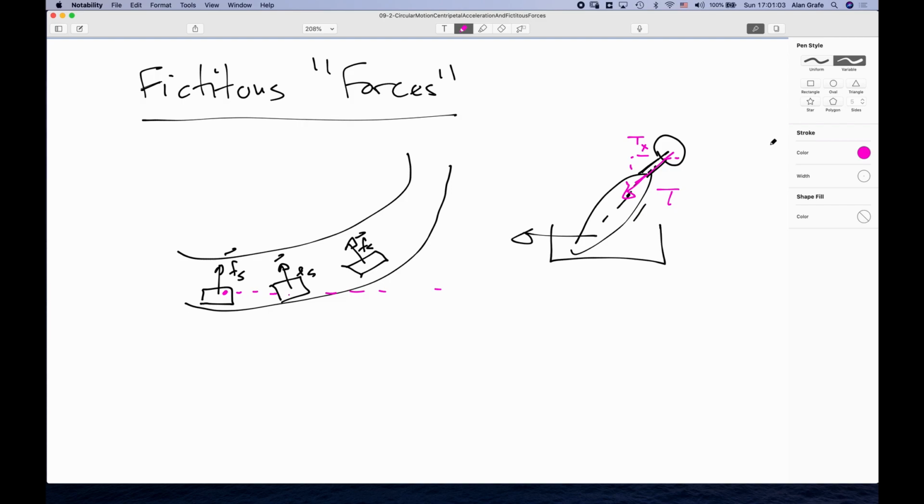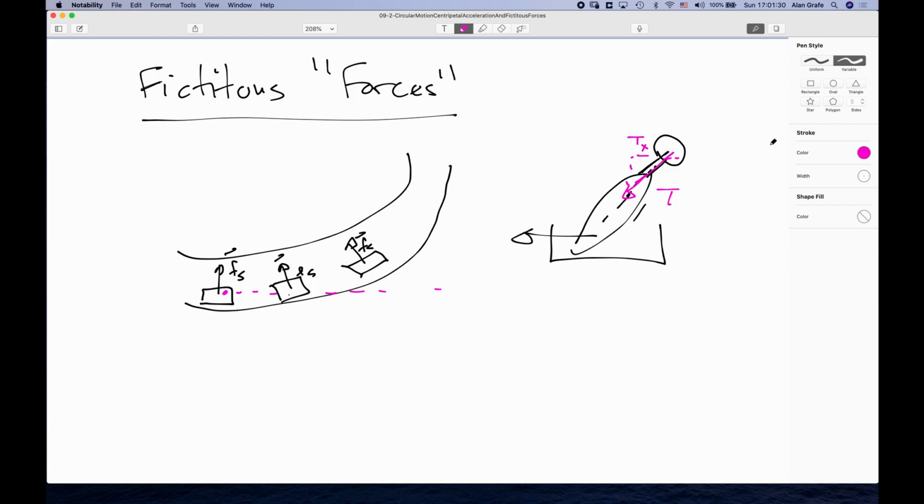So there is no actual physical force of nature named inertial, centrifugal, transverse, or Coriolis. These are mathematical fictions to allow you to pretend that you're not accelerated even though you actually are. And sometimes that makes computations more convenient. But those things are beyond the scope of this treatment.